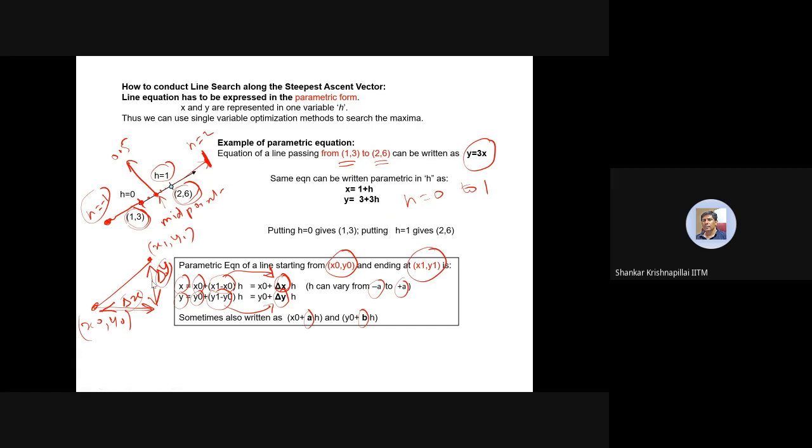Okay. So in our example, if you substitute these things, you get this equation: x is equal to 1 plus h and y is equal to 3 plus 3h. We can apply this in the parametric equation of the del f vector.